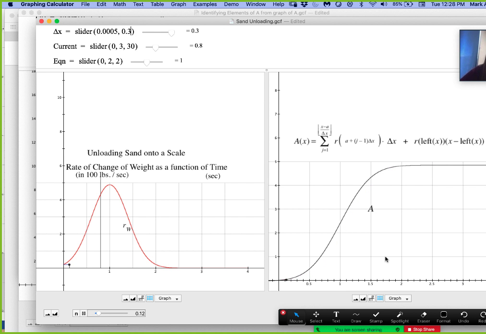And what's the function rule for that, Ashley? What is it that we're graphing here? Is that the summation part that you're talking about?